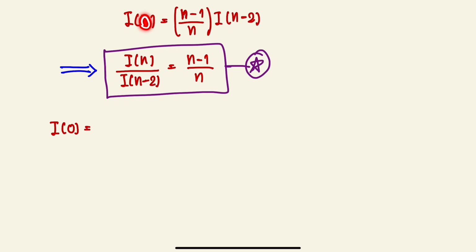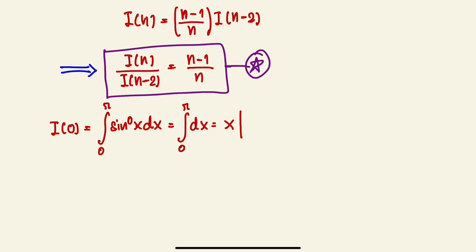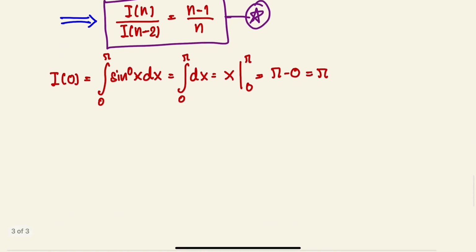Plug in 0 into this term, it's the integral from 0 to pi of sine raised to the power of 0 x, which is the integral from 0 to pi of dx, which is x from 0 to pi, which is pi minus 0, which is pi. And I of 1, what is it?